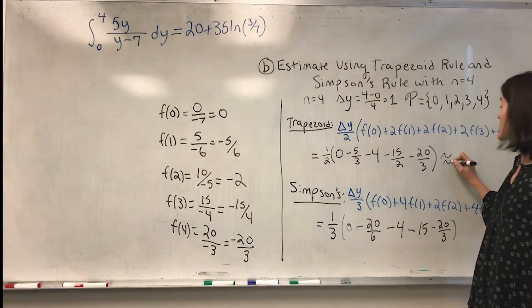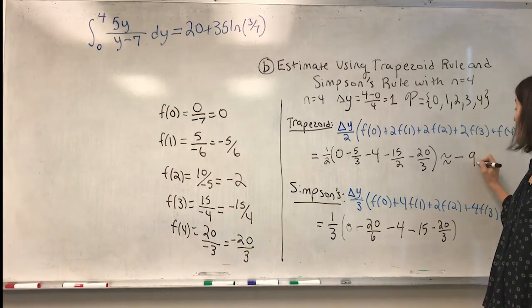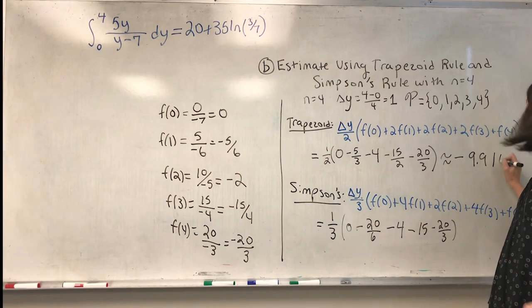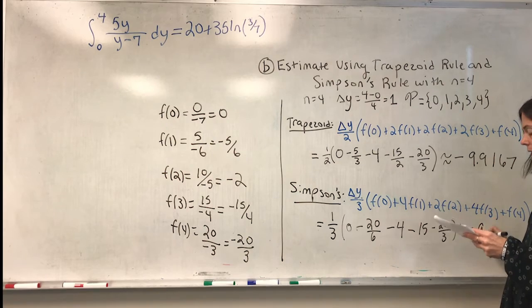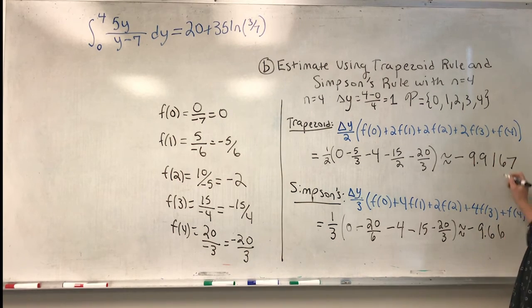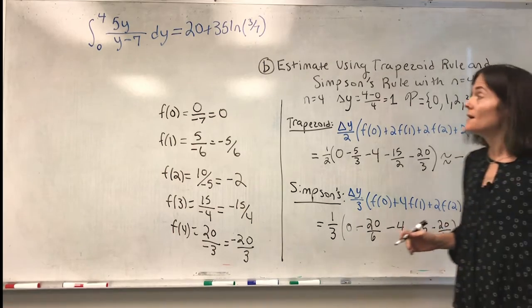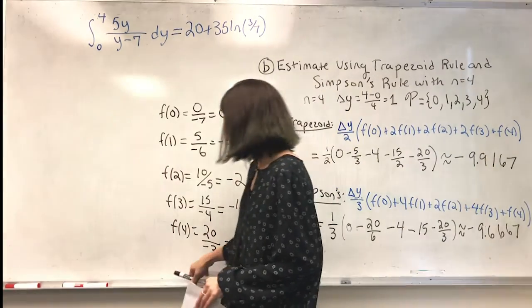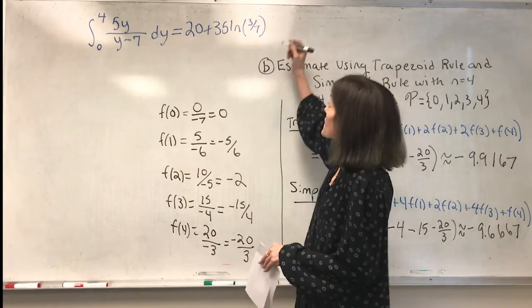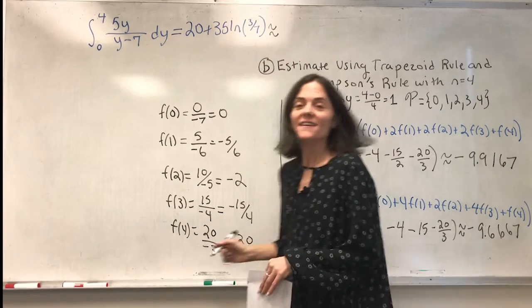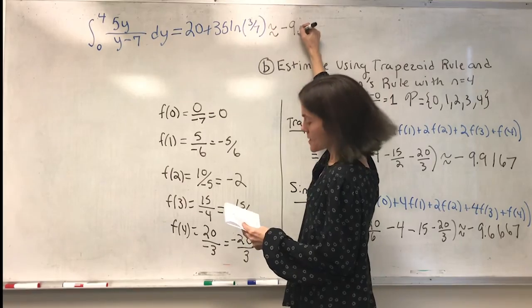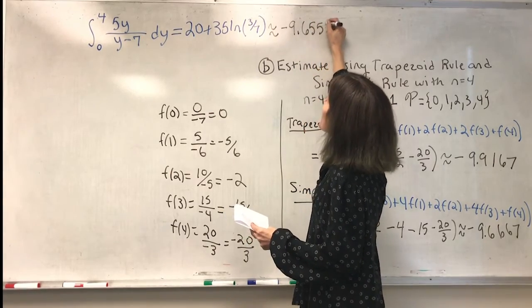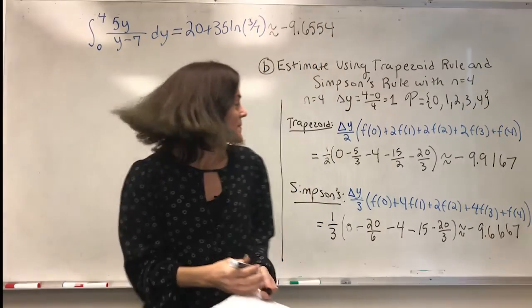For this one, it's approximately minus 9.9167. This is approximately minus 9.6667. Try and keep the same number of digits. And if you put this one, the actual value, in your calculator, you get minus 9.6554, okay?